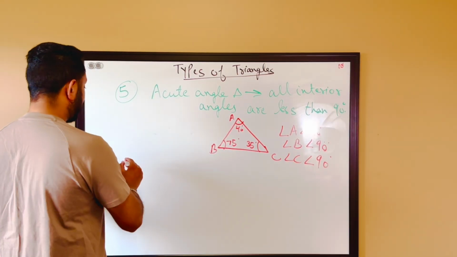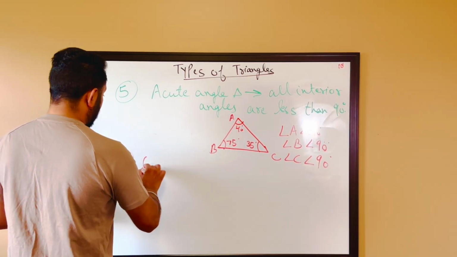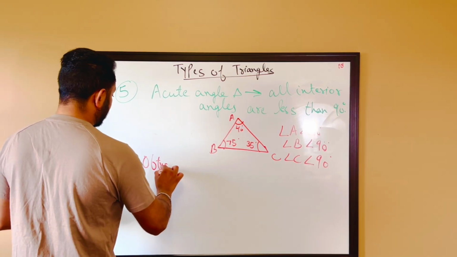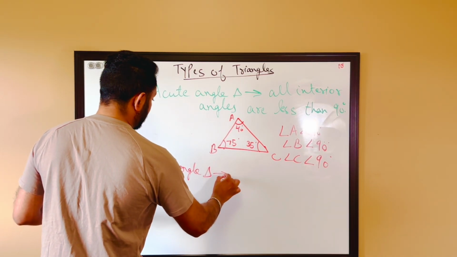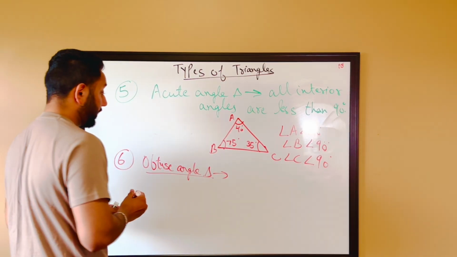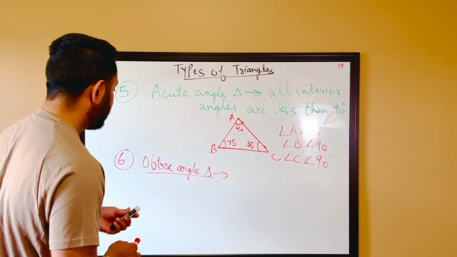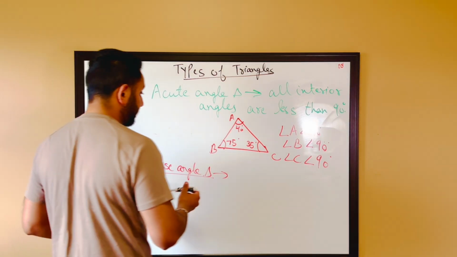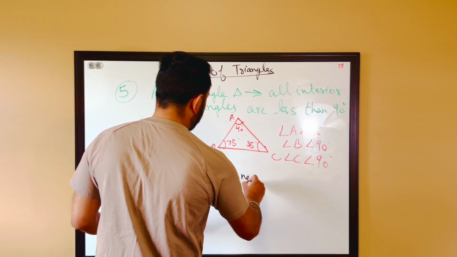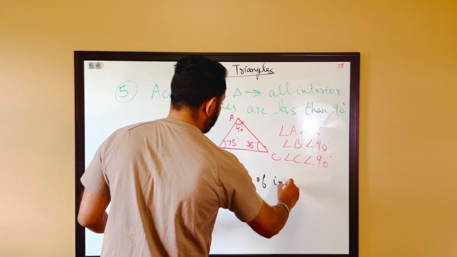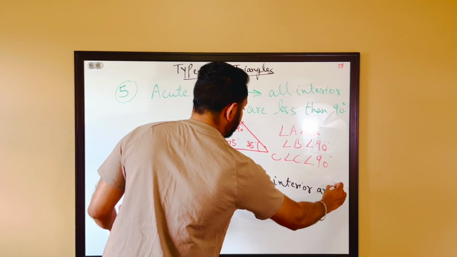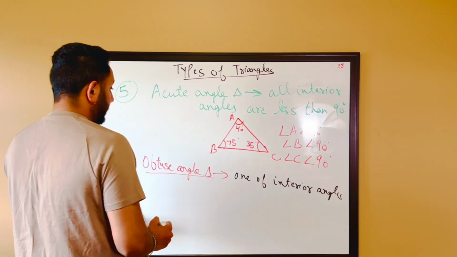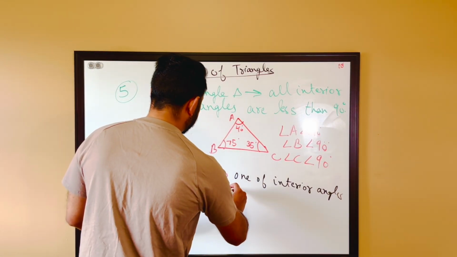So our last type is the obtuse angle triangle. What is an obtuse angle triangle? In an obtuse angle triangle, one of the interior angles is greater than 90 degrees.